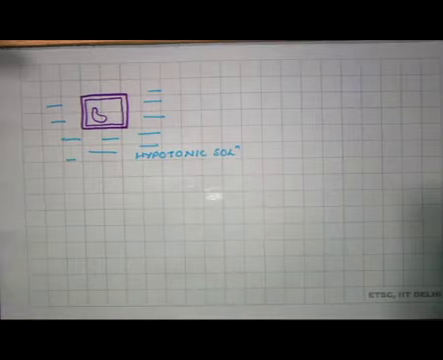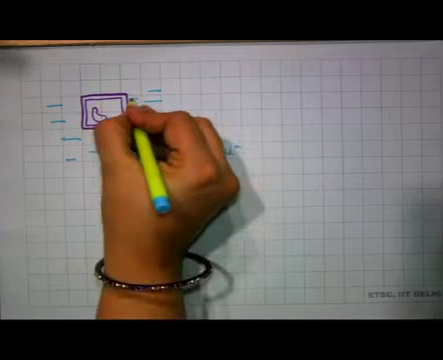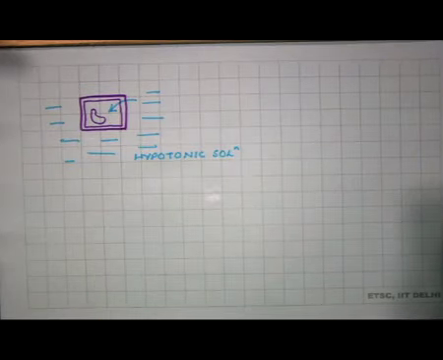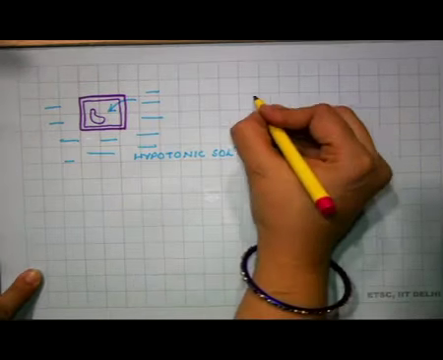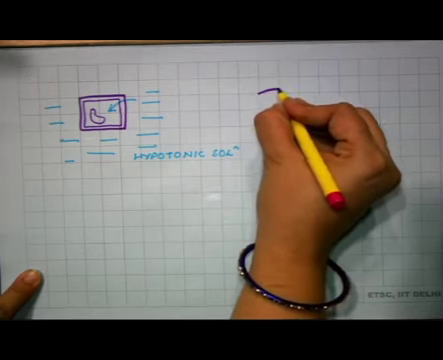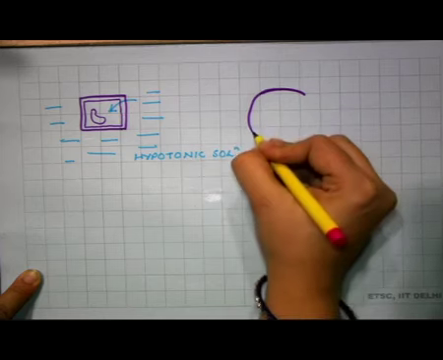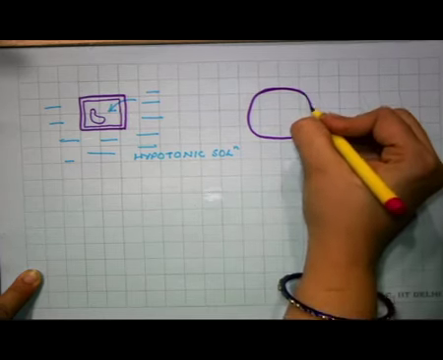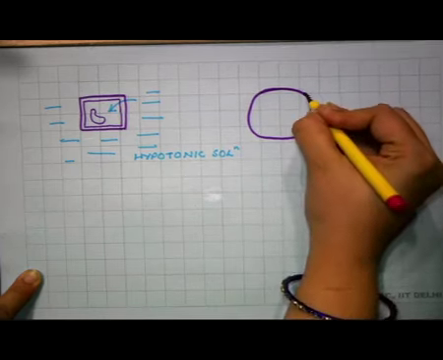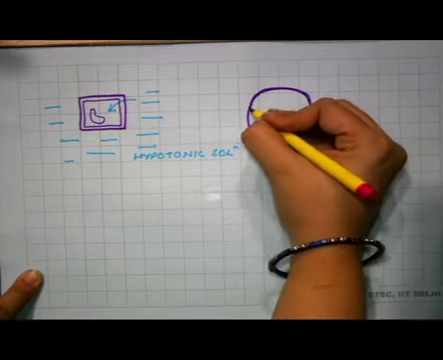The water will move into the cell, and now the plasma membrane will start putting pressure, exerting pressure on the cell walls.